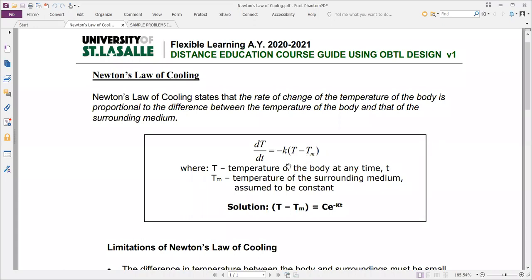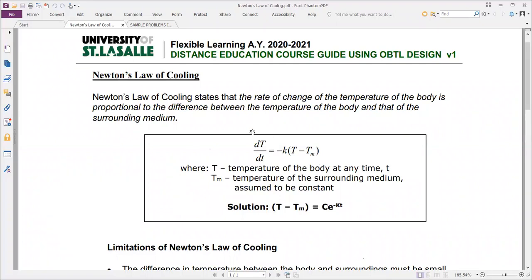Now, we will get rid of the proportionality symbol. As I have already illustrated when I derived the growth and decay problem, we replace the proportionality symbol by an equal sign, and we introduce a certain constant. So this is now our differential equation for Newton's law of cooling.